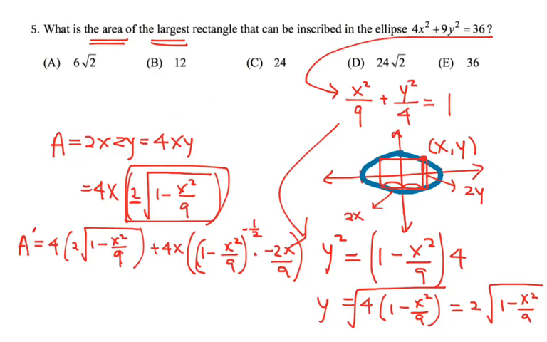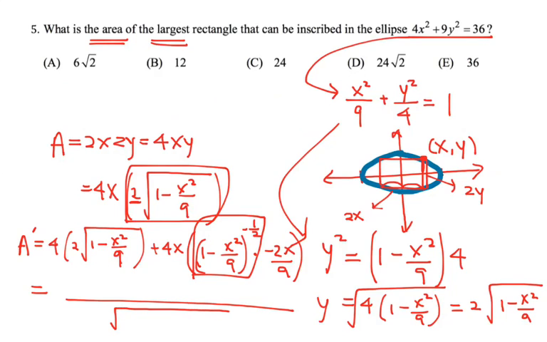Now, if we multiply this factor so that we could have the common denominator, we would have gotten something like this. Here, the denominator would have been 1 minus x squared over 9.